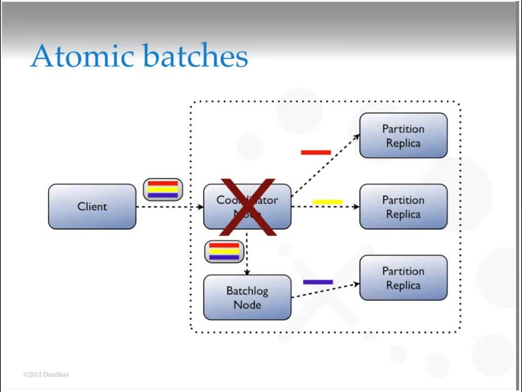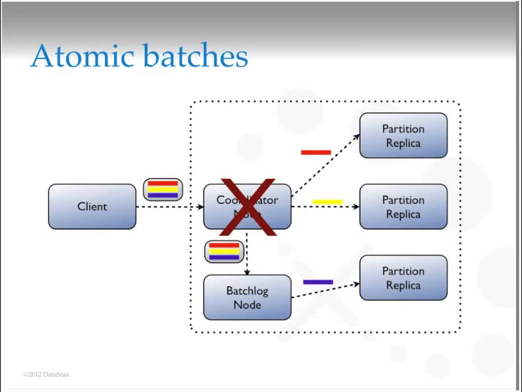So if you're 100% certain that it's okay if you get partial batch completion, or for whatever reason you're okay with that, then you do have the option to fall back to the old behavior and get that slight performance edge. But in the general case, we think that it's more important to do the right thing by default. So we made atomic behavior the default in CQL.